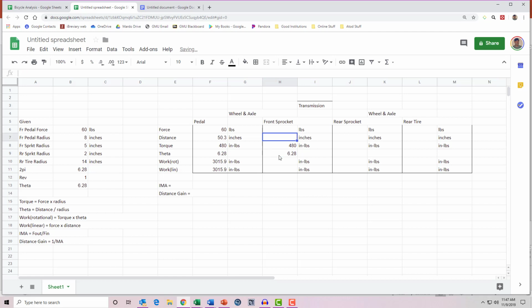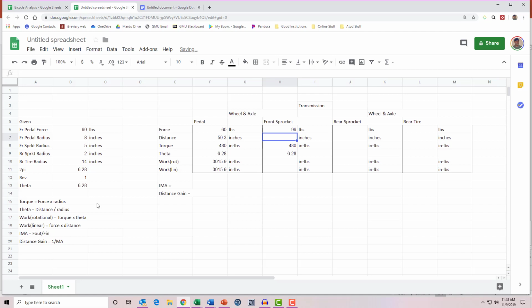Now what I can do is say, all right, what's my new force and distance? Well, force again is here: torque equals force times radius, so torque divided by radius would be force. So I'm going to say my torque, which is this, divided by the radius, but this time it's the radius of the front sprocket.